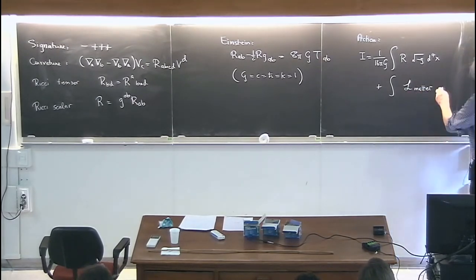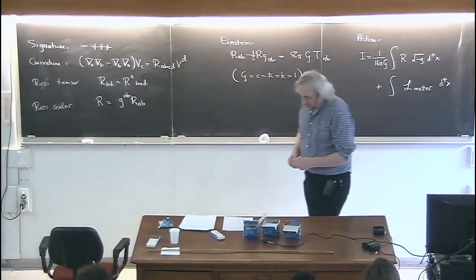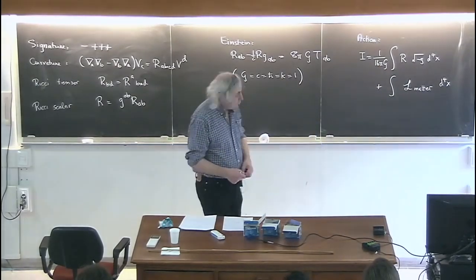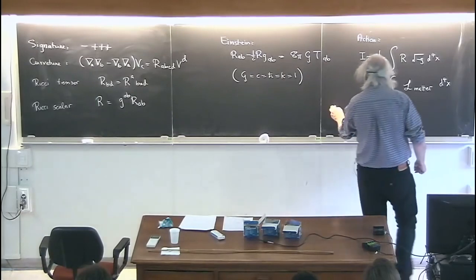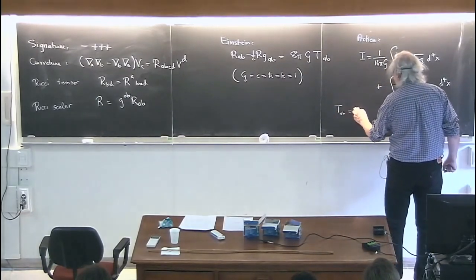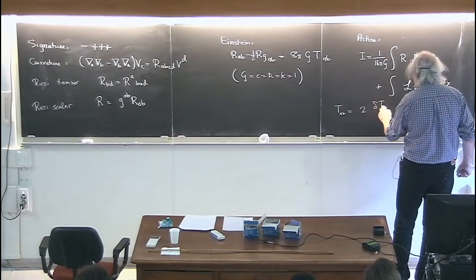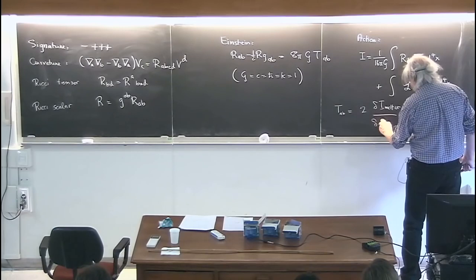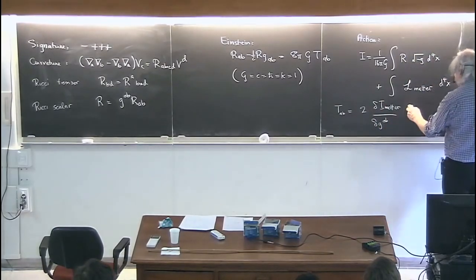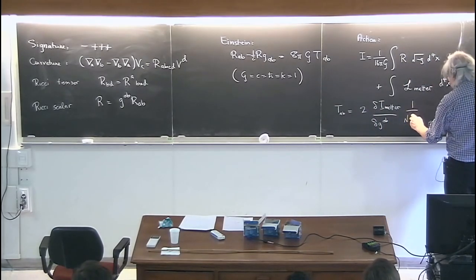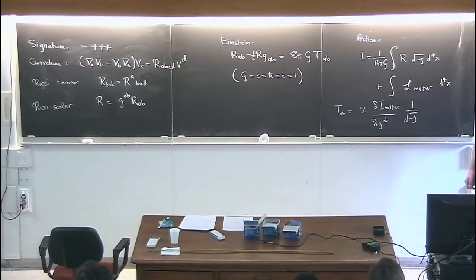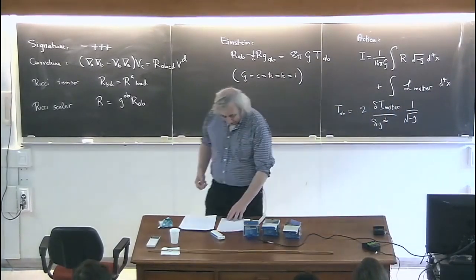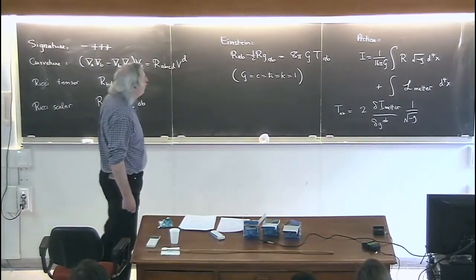This will be a Lagrangian density, so there will be no square root of g sitting in there. The energy momentum tensor with these conventions is just going to be T_AB equals 2 times the variation of the matter action with respect to the metric, and then there will be a square root of minus g to get rid of, to turn it into a tensor.